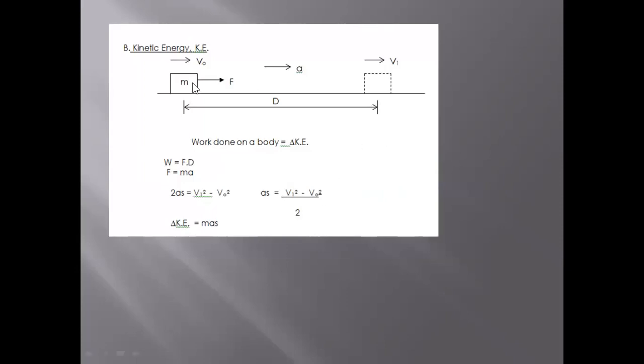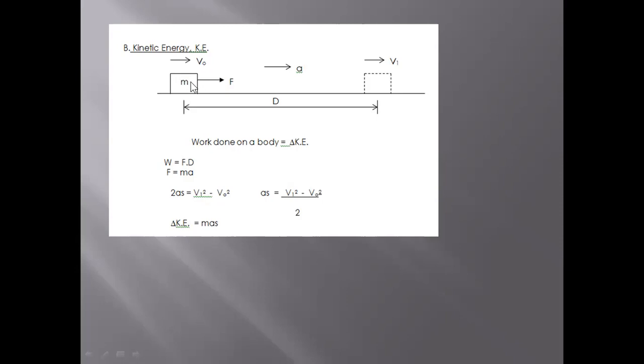So for example, this one. We have a block with mass m and an applied force, either pushing or pulling the block, towards this distance d of displacement going to this second point. Prior to pushing or pulling, the block has an initial velocity of 0.